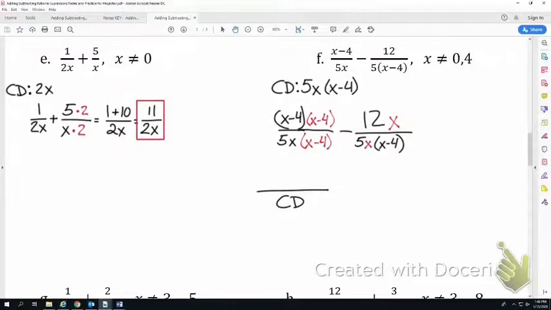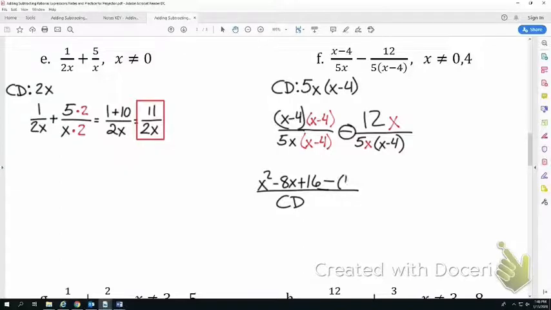I'm going to go ahead and multiply that and write that in. You may just have to trust me here. That's going to give me x squared minus 8x plus 16. That's FOIL, box, however you do that. Then it's a subtraction problem.